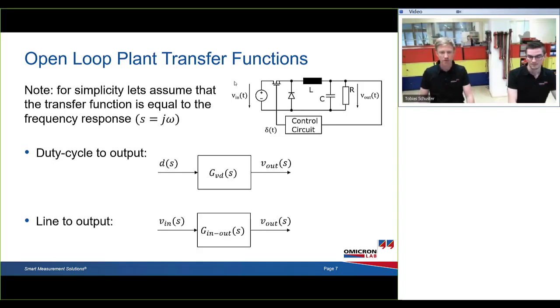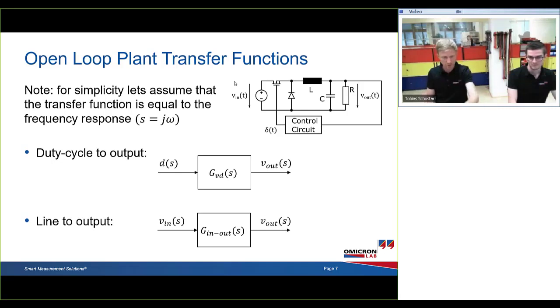And then, of course, another important one, that's the line to output transfer function, where we say a change in the input voltage, V_in, how does that pass through to the output voltage, and that transfer function we call the G_in-out(s) in that case. By the way, no, that's not PSRR, that's a closed loop line to output.